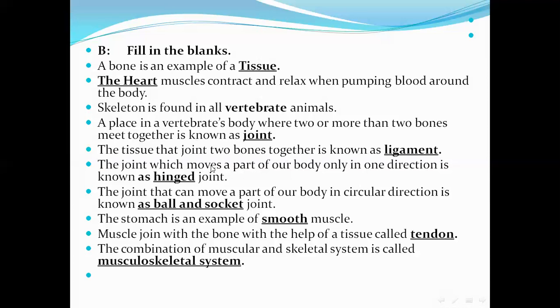The joint which moves a part of our body only in one direction is called hinge joint, and the joint that can move a part of our body in a circular direction is called ball and socket joint. The stomach is an example of smooth muscles. Muscles join with the bones with the help of tissue called tendon. And the combination of muscular and skeletal system is called musculoskeletal system.